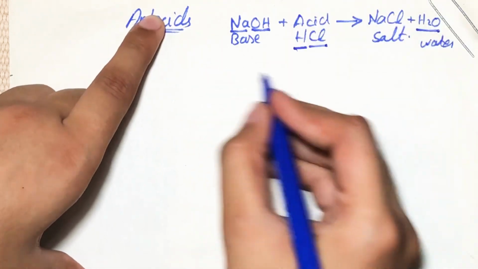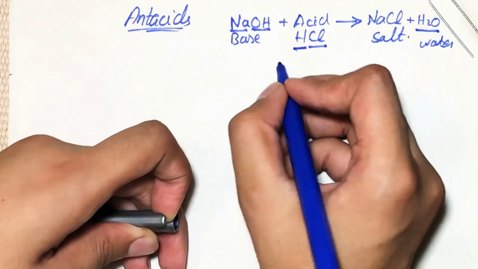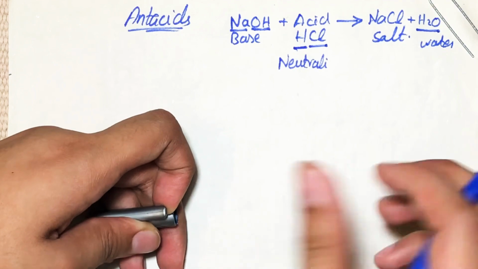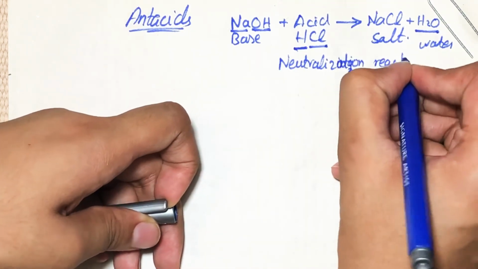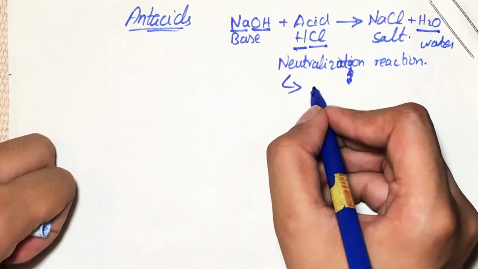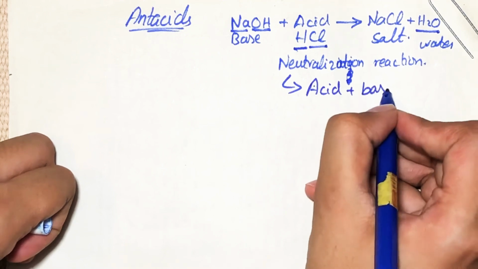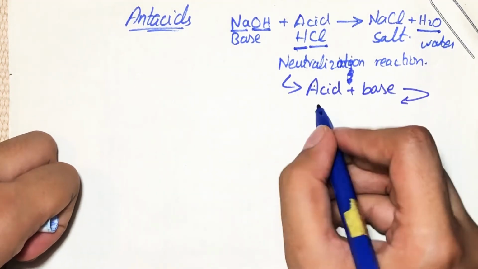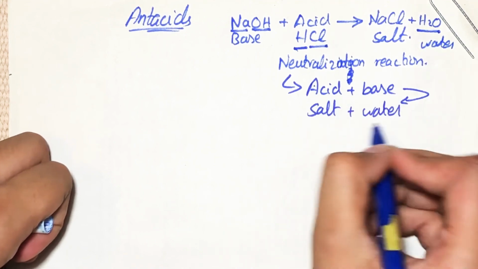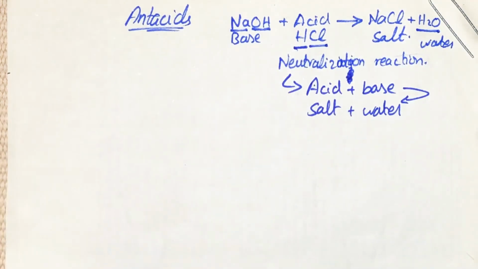So this reaction is called a neutralization reaction. The concept behind it is that when a base and an acid combine, they cause the formation of salt and water. So this is the general idea, whereas this was the example I was giving you.